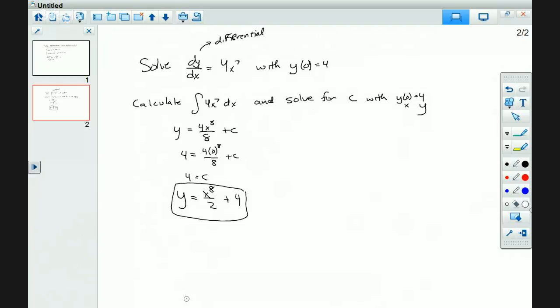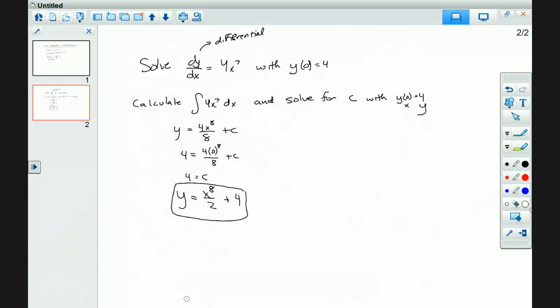You have just solved that differential for the original function. It will ask you to solve the differential. So we've solved the differential using an antiderivative to find the original function.